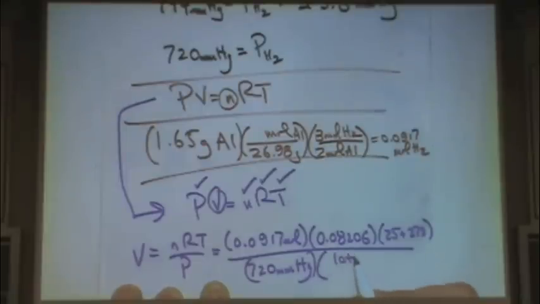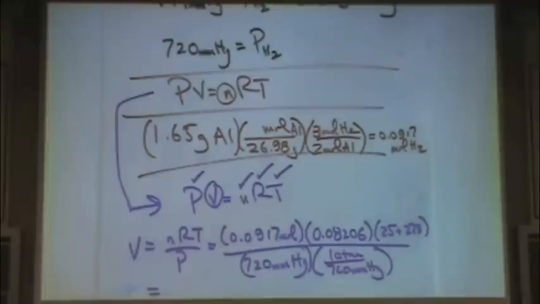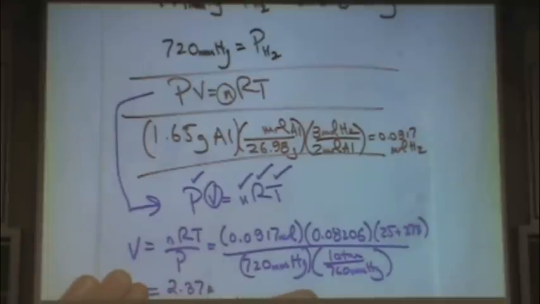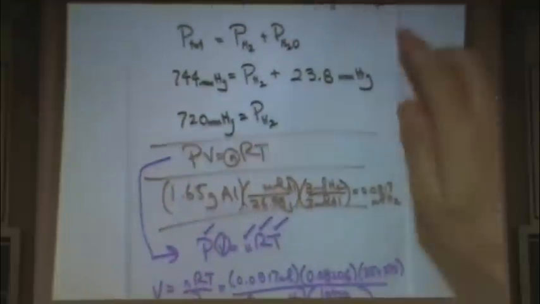That conversion is given on the exam. 1 atmosphere per every 760 millimeters of mercury. And that equals 2.37 liters. Is that okay? Okay. So the middle one was just to add some stoichiometry into the question. The typical parts are A and C for a Dalton's law question.